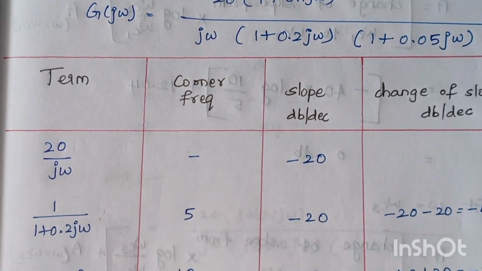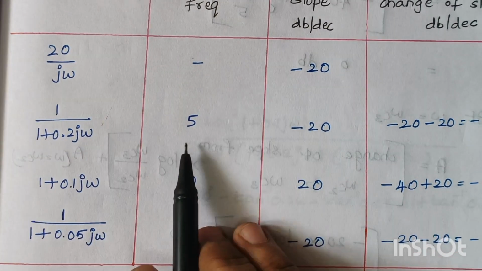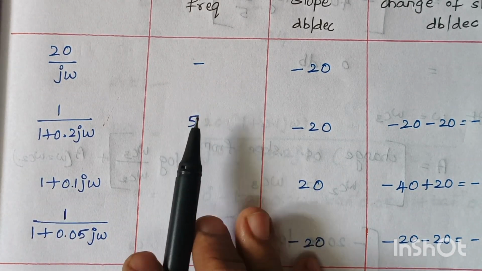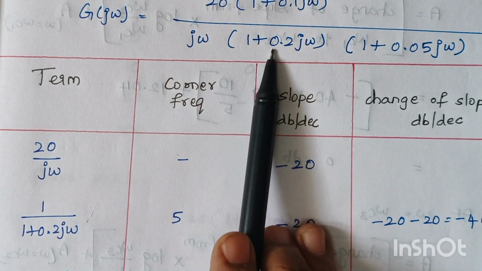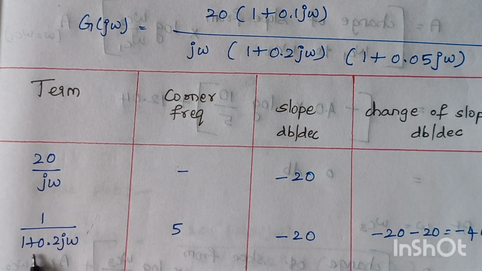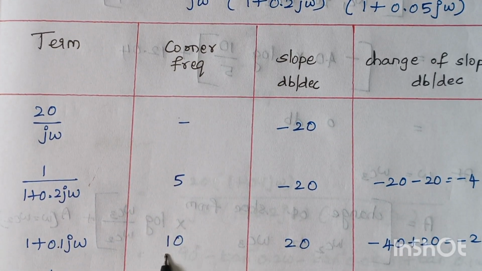So here I have first listed out the corner frequencies: 5, 10 and 20. Which term contributes 5? It is contributed by this term, and this term lies in the denominator. So here I have written 1 divided by 1 plus 0.2 j omega. And the next is 10. Which term contributes the corner frequency of 10?